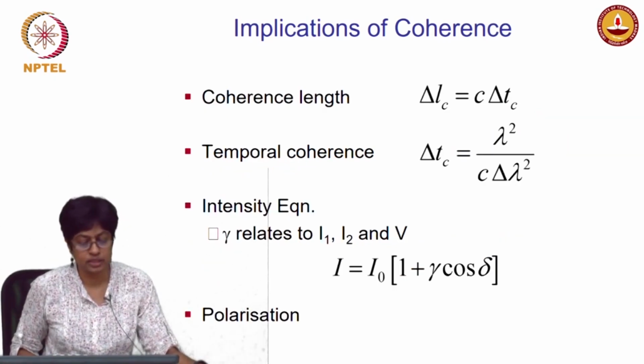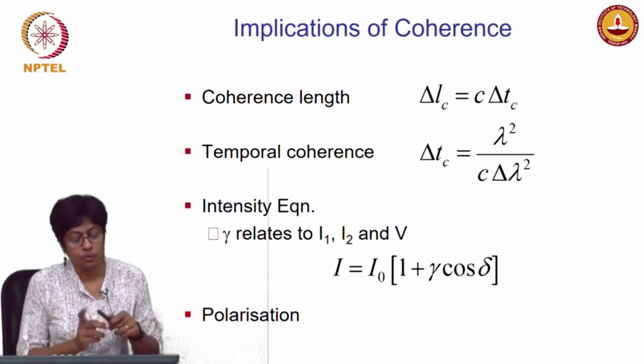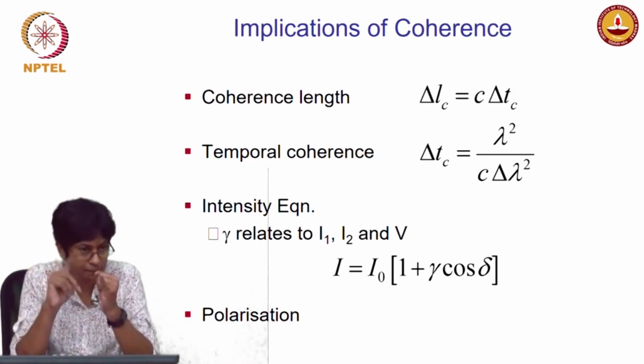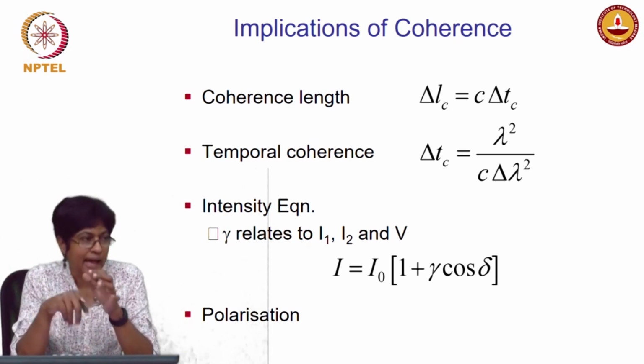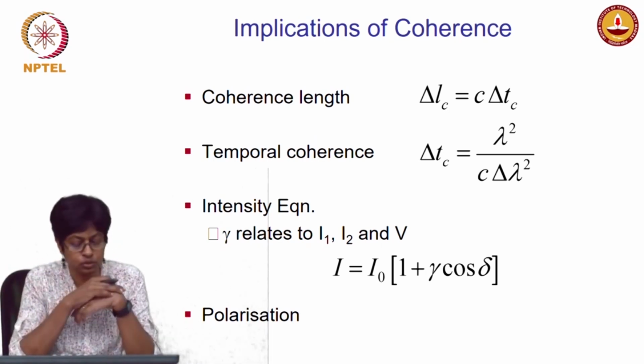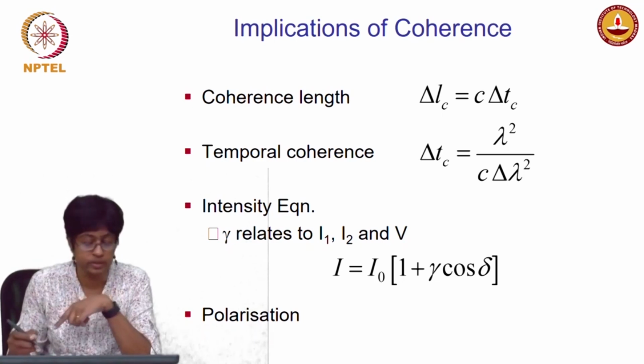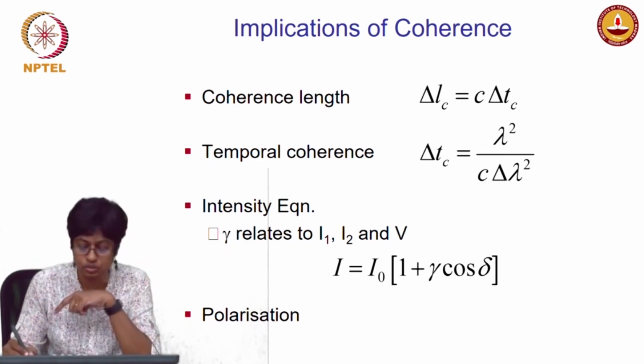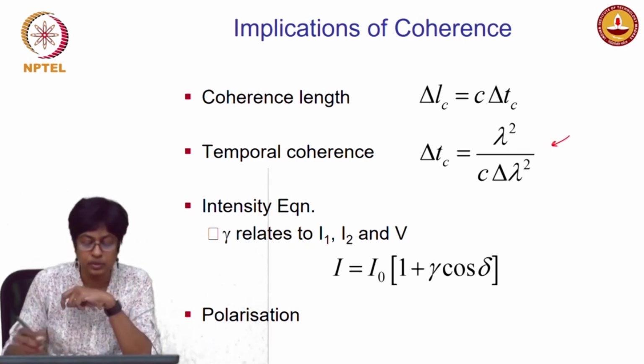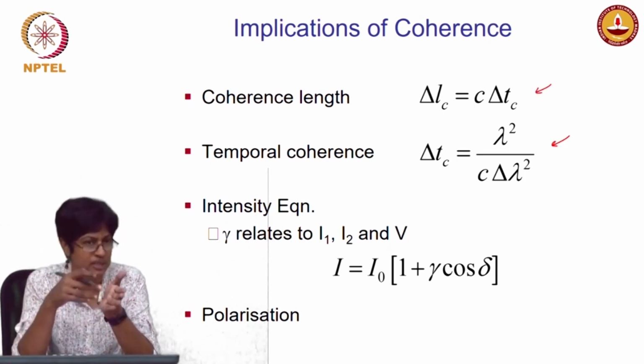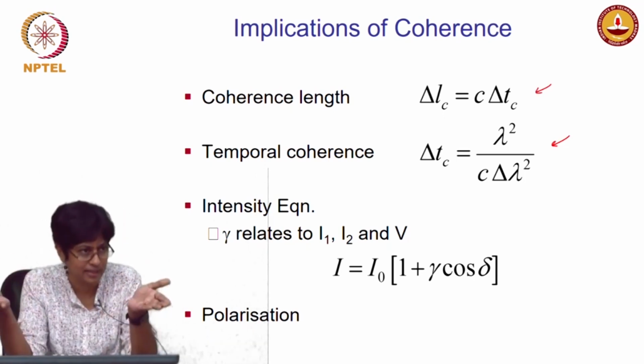So, just to put down some of those equations again, we talked about the temporal coherence and how you can relate that to the coherence length. Temporal coherence is nothing but that 1 over delta nu. So, that is this relationship. We relate it to a length: how much does light travel in that time?